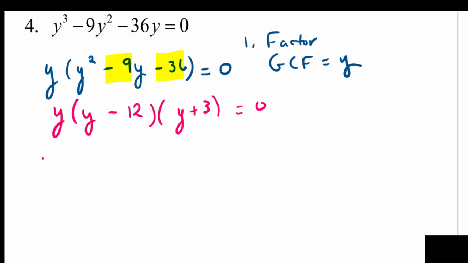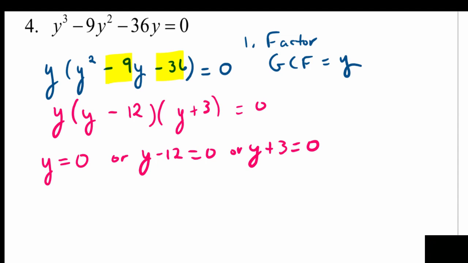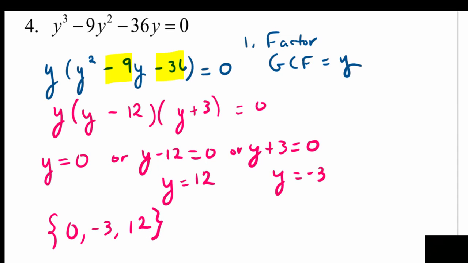So guess what? We are going to have to solve three equations. The first one is the GCF: y could be 0, or y minus 12 could be 0, or y plus 3 could be 0. So here we get y equals 12, or here we get y equals negative 3. So we did get three answers: 0, negative 3, and 12.